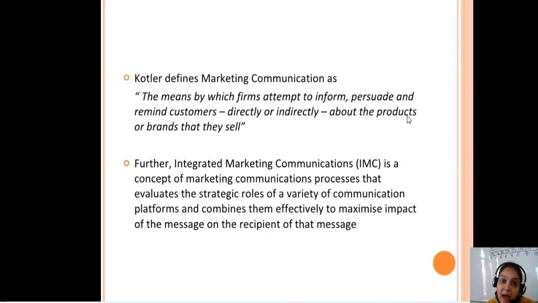We try to combine them and make a very effective platform so we maximize the impact on the customers, the people who are holding that brand and that particular product. So it is very important.